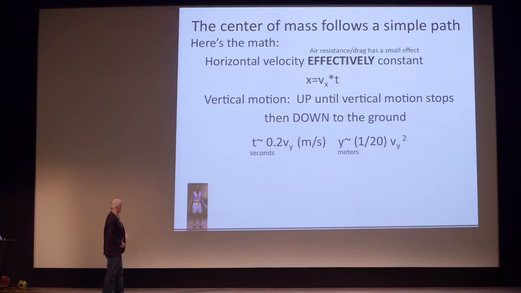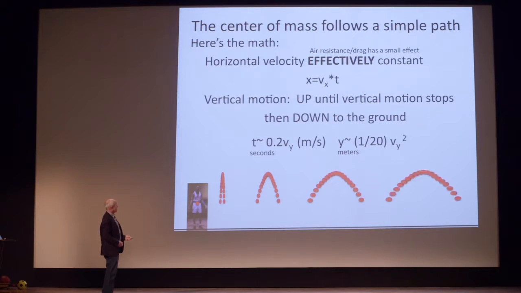So there's Michael, again, in his center of mass, and if he doesn't have very much horizontal velocity, but leaves with a certain vertical velocity, there is his path. And that would be the same vertical velocity, but more horizontal velocity, same vertical velocity, even more horizontal velocity, and even more horizontal velocity, the same vertical velocity.